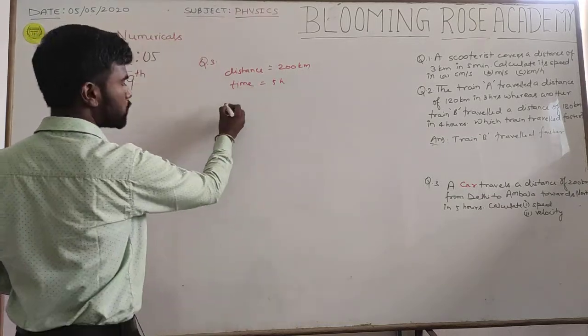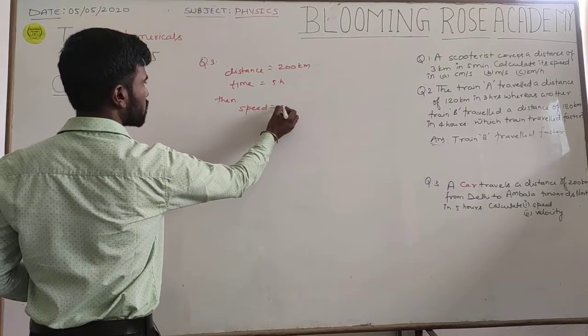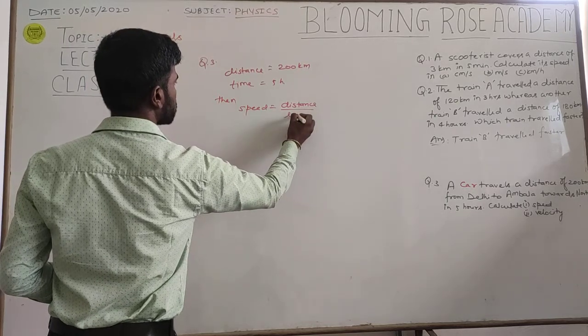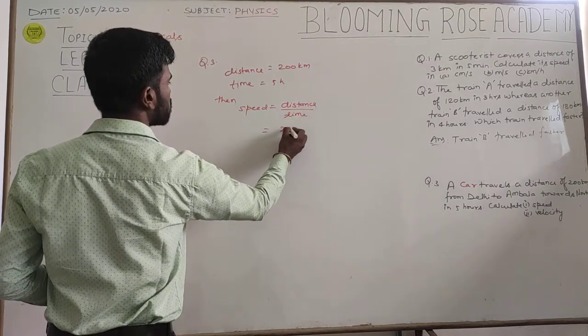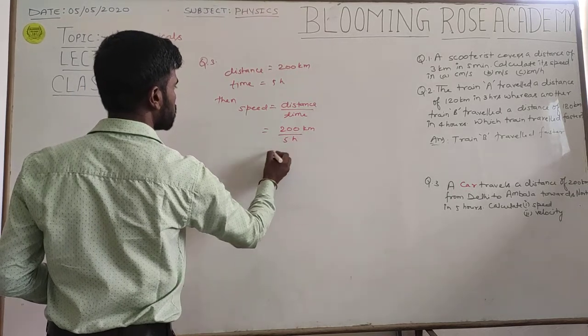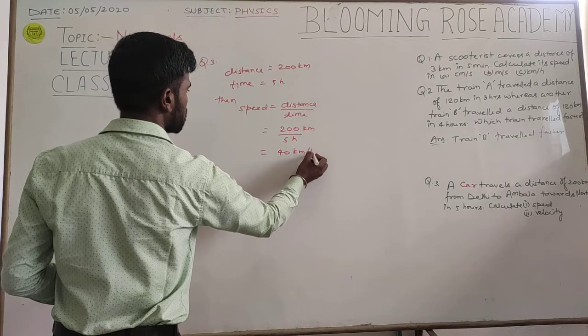Then speed is equal to distance upon time. It will be 200 km upon 5 hours, then it will become 40 km per hour.